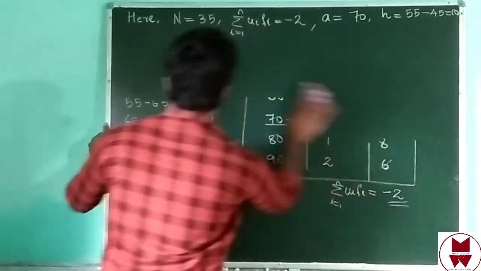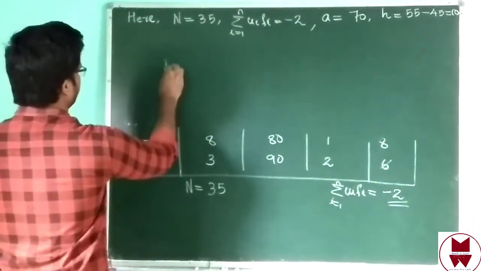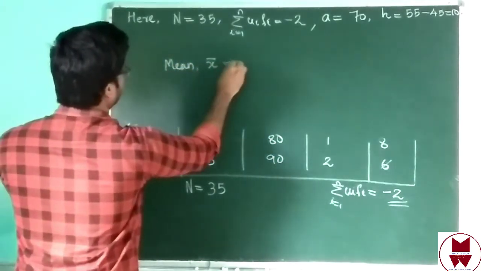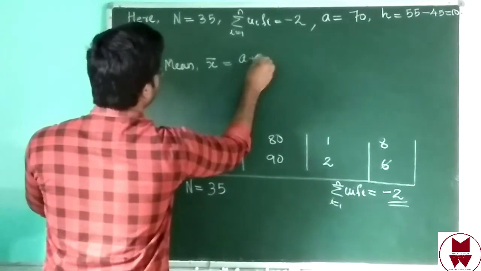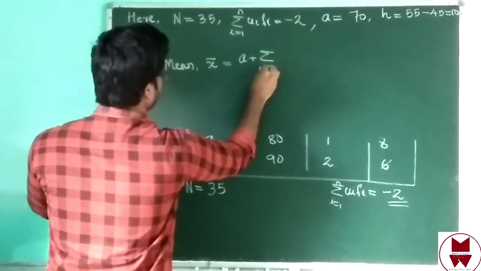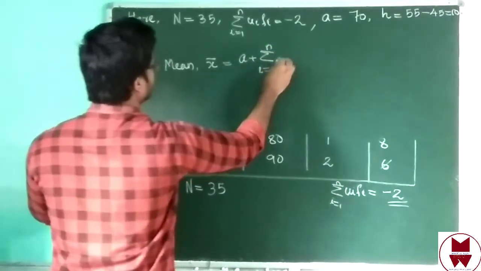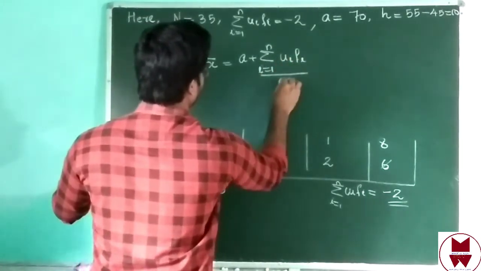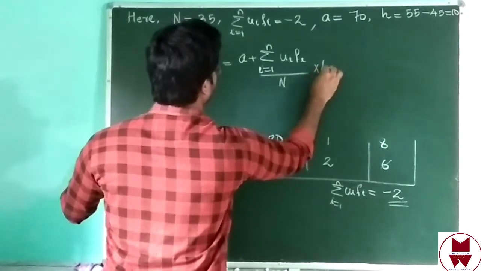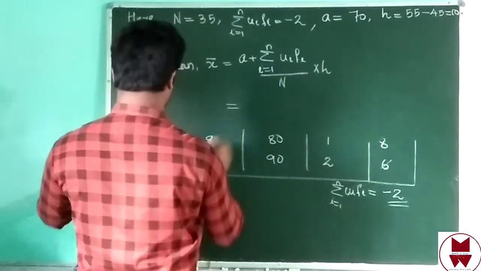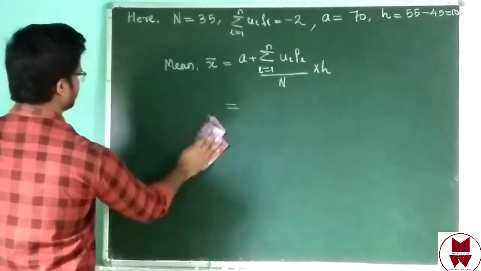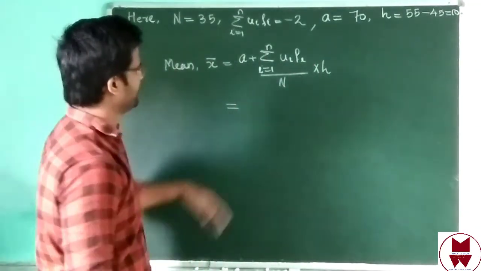Now we can use that formula. Mean, x bar equal to a plus summation from i equal to 1 to n of ui fi, all divided by n, into h. All the values we can give here.